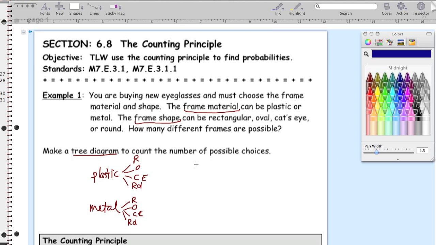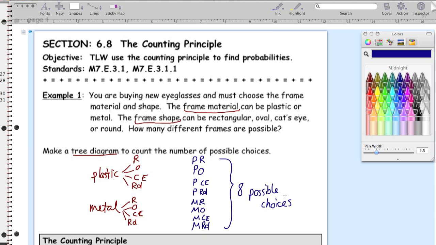So in the end, you could have a plastic pair that are rectangular, a plastic pair that are oval, a plastic pair that are cat's eye, a plastic pair that are round, a metal pair that are rectangular, a metal pair that are oval, a metal pair that are cat's eye, and a metal pair that are round. This ends up being a total of 8 possible choices. So when they ask us how many different frames are possible, there are 8 different possible choices.